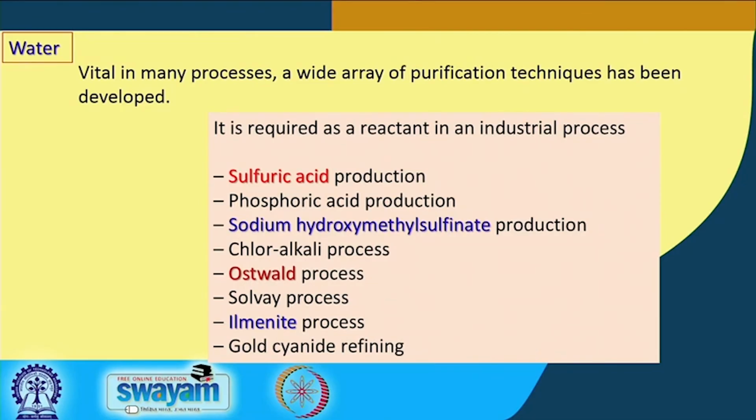So, these are the industrial areas where we can produce sulfuric acid in large amounts, we can produce phosphoric acid, then sodium hydroxymethyl sulfonate production. These are a little bit high-end sophisticated molecules that we will see one after another. Then we can have the chloralkali process.